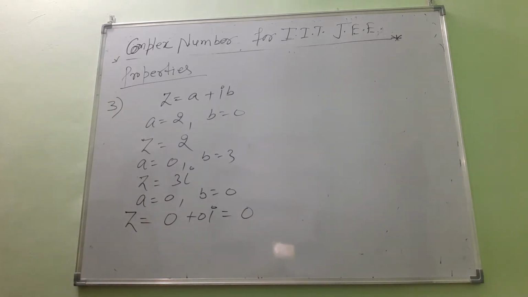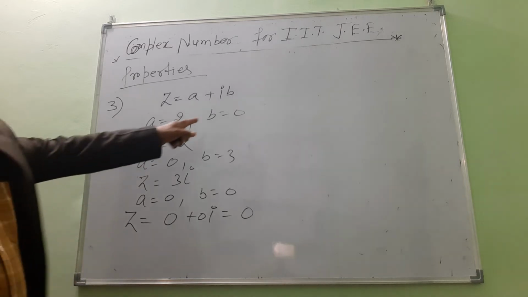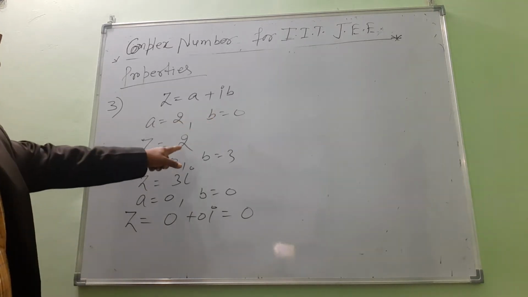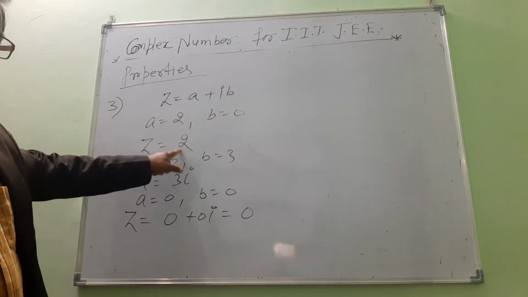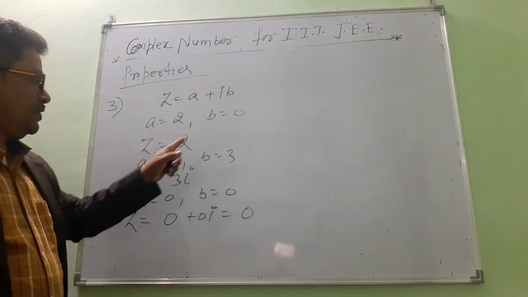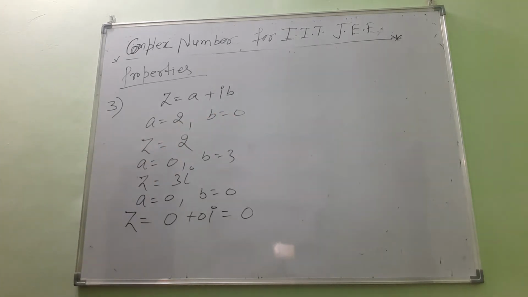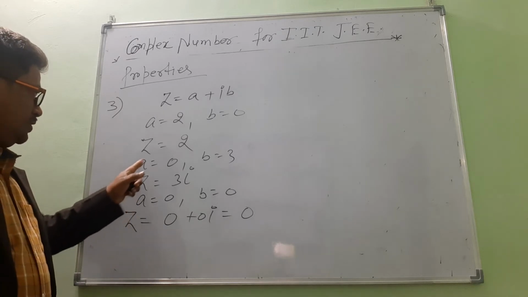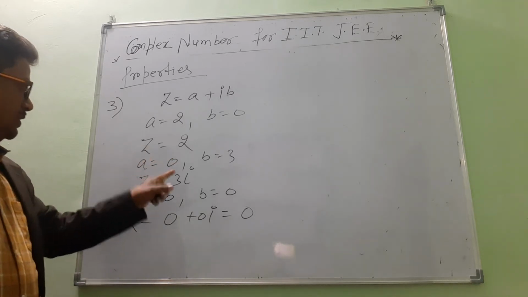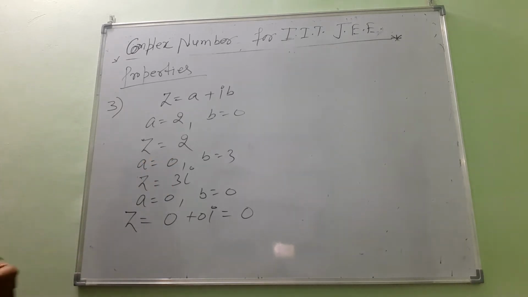On putting b equal to 0, you get a purely real number. On putting a equal to 0, you get a purely imaginary number.